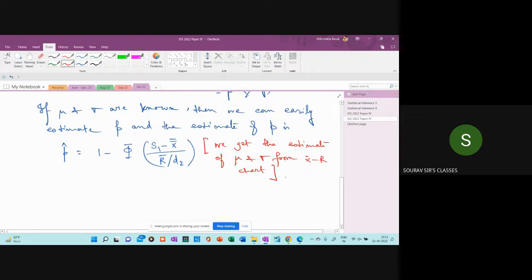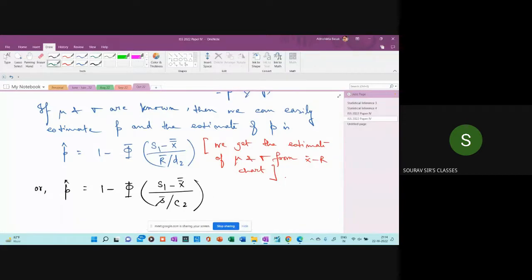So this is what the capability ratio is. Here this is how we have obtained the estimate of p as p hat equals 1 minus capital phi of (S1 minus x double bar) by (S bar by c2).